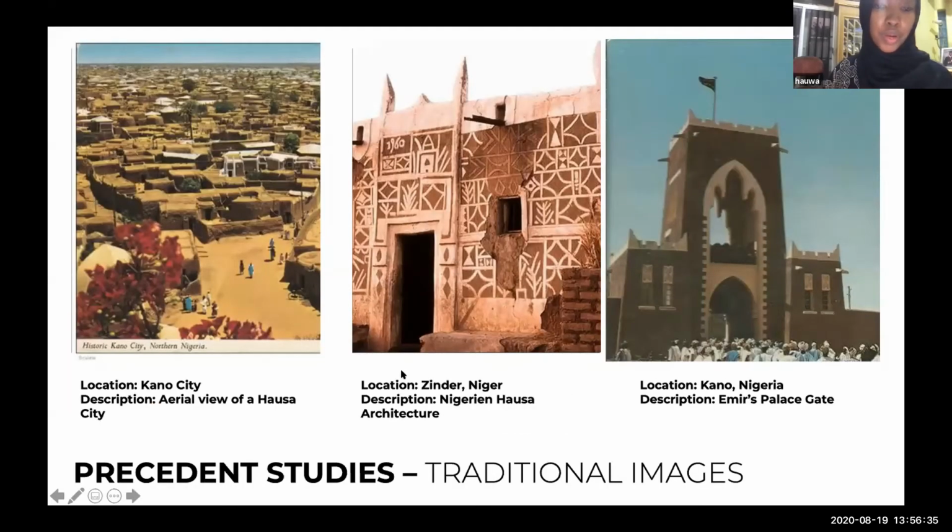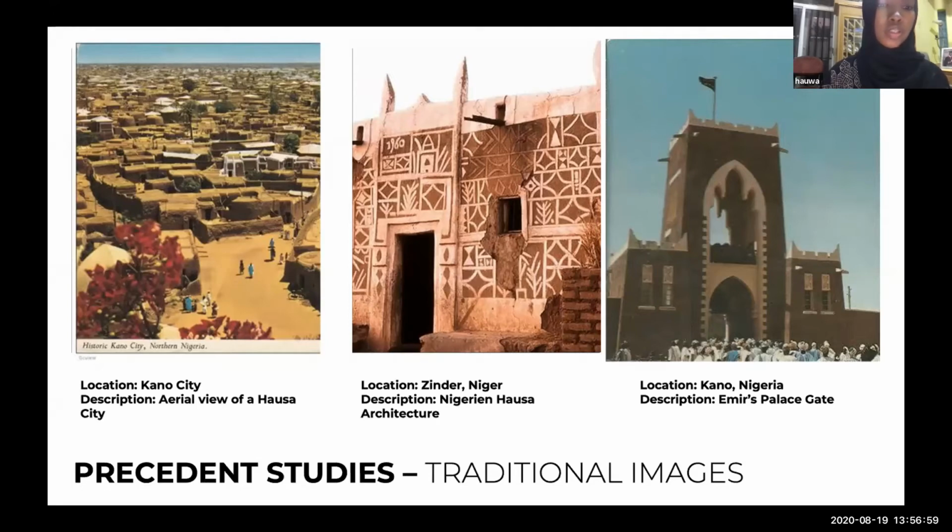So for my precedent studies, I just looked largely at images that depict what a traditional Hausa city looks like. So here is an aerial view of Kano city, and you can see a lot of courtyards, a lot of high walls.